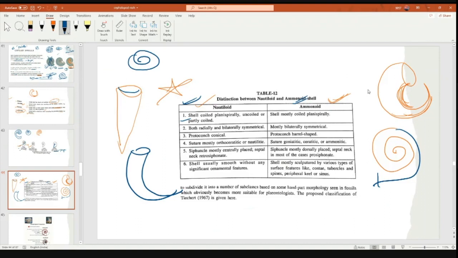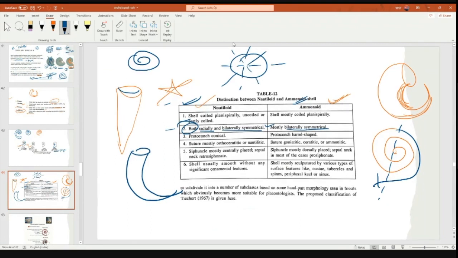So the difference between nautiloids and ammonoids according to their symmetry: they have bilateral symmetry or sometimes radial, both. But in ammonoids mostly bilateral symmetry. Bilateral symmetry means we just cut from the center. And radial, you know, like echinodermata, they have five-fold radial symmetry, right? Like this. So these are radial.